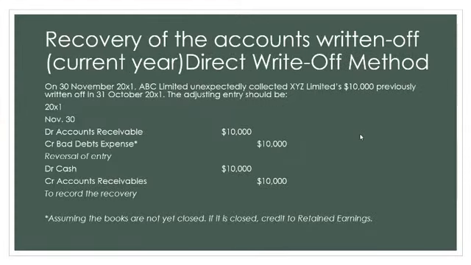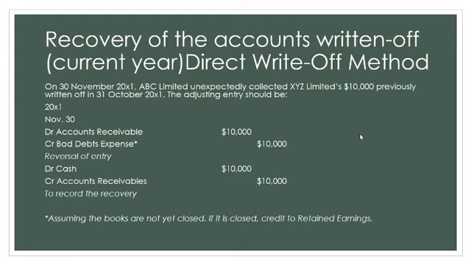Okay, so by chance, let us say you recovered a certain amount from the previously written off accounts. If you're using the direct write-off method, you just have to reverse that previous journal entry if the books have not yet closed. For example, on 30th November 20X1, ABC Limited unexpectedly collected XYZ Limited's $10,000 previously written off in 31st October.